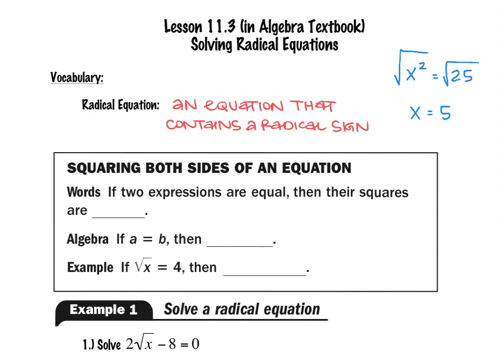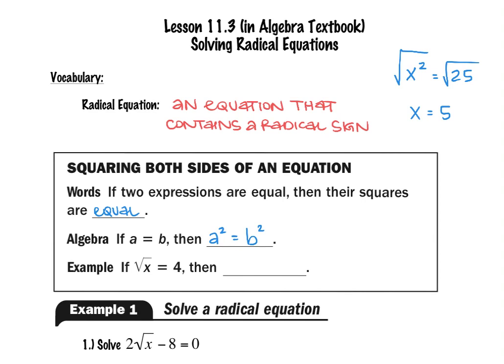So if two expressions are equal, then their squares are also equal. So if A equals B, then we know that A squared must also equal B squared. This is the idea that whatever we do to one side, if we do it to the other, it stays balanced.